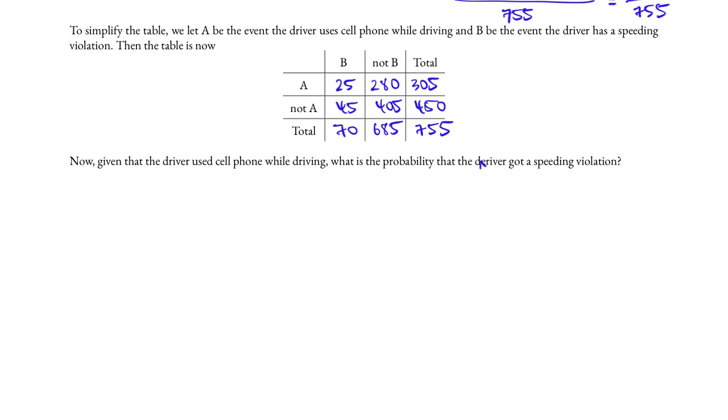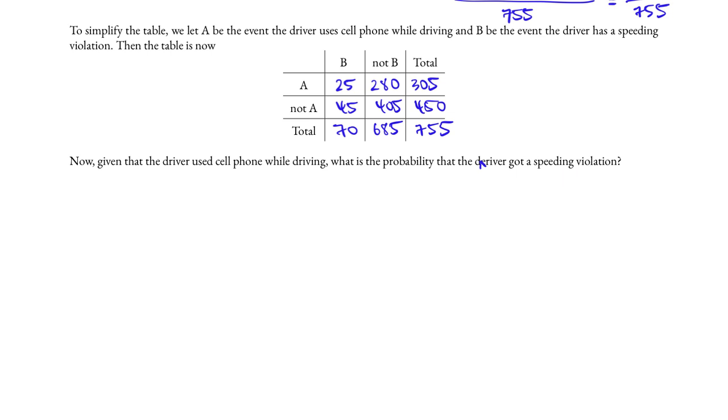We're interested in the probability that the driver got a speeding violation, but only based on the number of drivers who use cell phone while driving, meaning out of these people who use cell phone while driving, how many of them got a speeding violation?